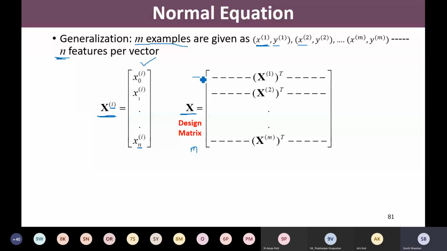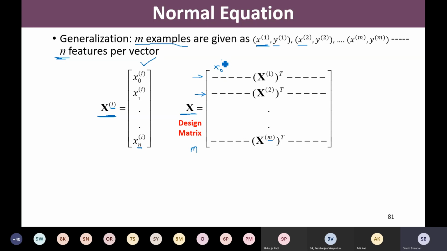My first row would be x1 transpose, my second row would be x2 transpose, so on up to xm transpose. Why m? Because I have m number of examples. So in this x1 transpose, I will have this row vector, which is being converted into a row.